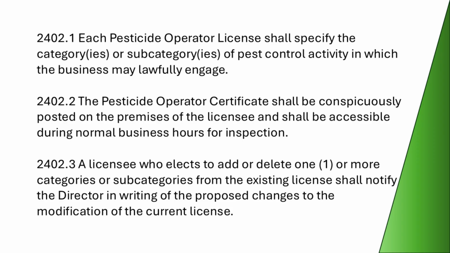The pesticide operator certificate shall be conspicuously posted on the premises of the licensee and shall be accessible during normal business hours for inspection. 2402.3. A licensee who elects to add or delete one or more categories or subcategories from the existing license shall notify the director in writing of the proposed changes to the modification of the current license.